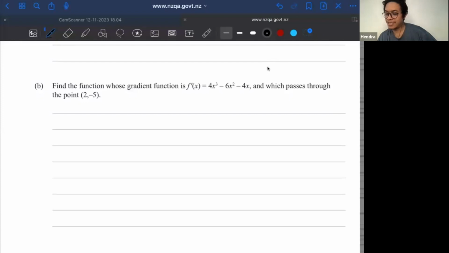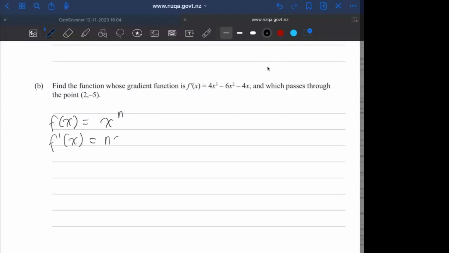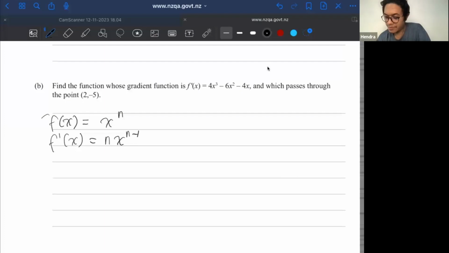So technically, to find the gradient, if you have f(x) equals x to the power of n, then f prime will become n x^(n-1), right? Yeah. So the process from the top to the bottom is called differentiation.